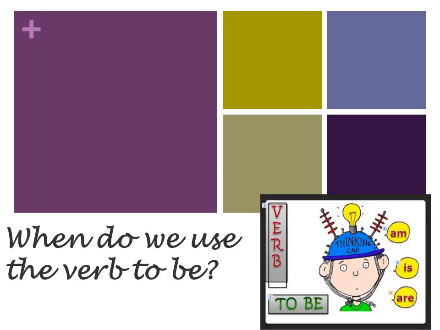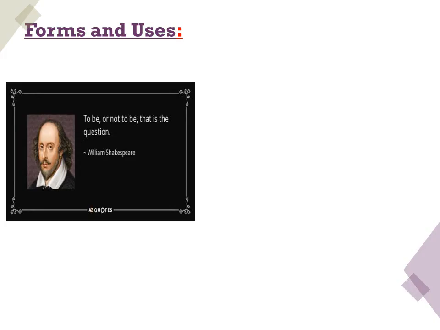Now, guys, we're going to move to the form and use of the verb to be in the simple present. When do we use the verb to be? This is a famous saying of William Shakespeare. To be or not to be, that is the question. So we're going to have a look at the forms and uses of the verb to be.